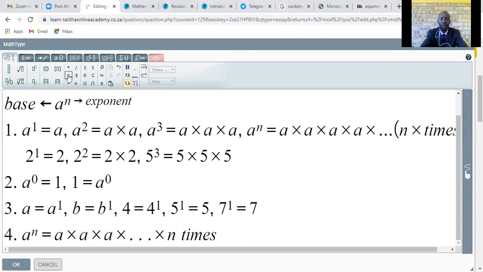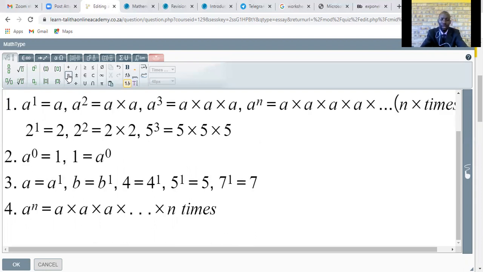Well, now here is the question. What if we have this expression this time written as A with exponent negative n? What does this mean? And how do we deal with this?